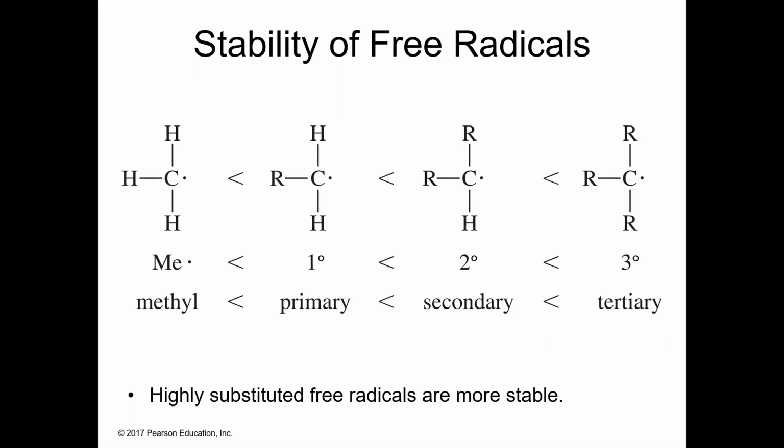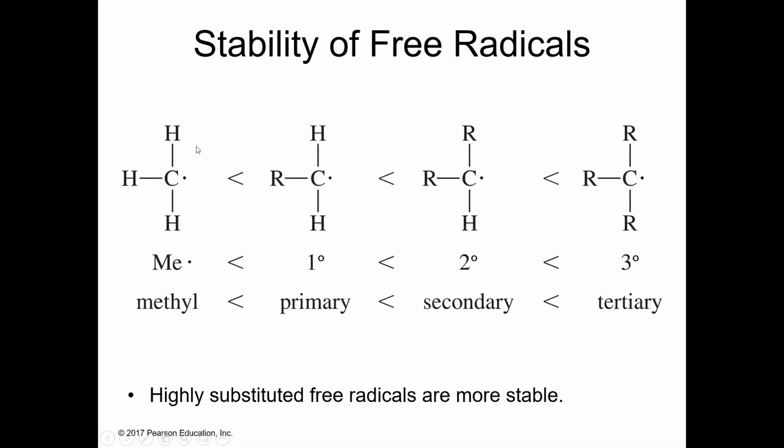Okay, so here are different classes of free radicals. Okay, this is a tertiary free radical. It is more stable than a secondary free radical, which is more stable than a primary, which is more stable than a methyl radical.